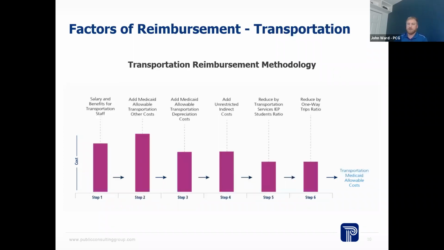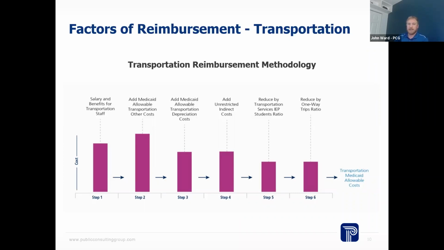And this next one is just going through transportation, how to reach your transportation Medicaid allowable costs. So step one is the same as the direct service in terms of those payroll costs. Step two is just adding in any other costs, so fuel, oil, maintenance and repairs, insurance, items like that. Step three is adding in any depreciation costs, so buses, vans, Suburbans, if you have them on your depreciation list.